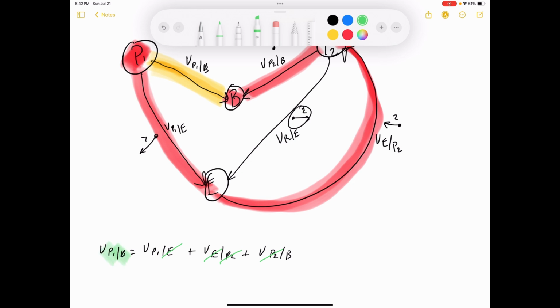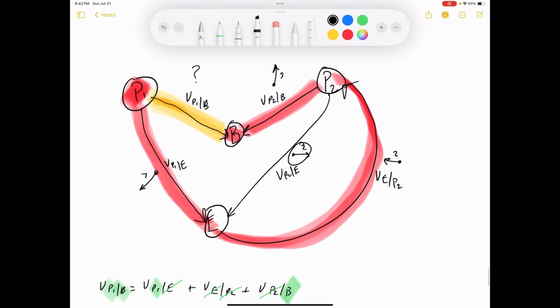P1 versus B, or P1 relative to B, P1, B. That's the only thing that's left. You essentially canceled out everything else, okay? And so once you did that, you would then have that vector. Whatever this is, I don't know what this vector looks like. It may not point in this actual direction. Maybe this is 7.3 or something.